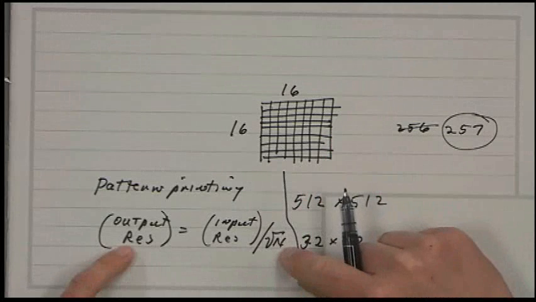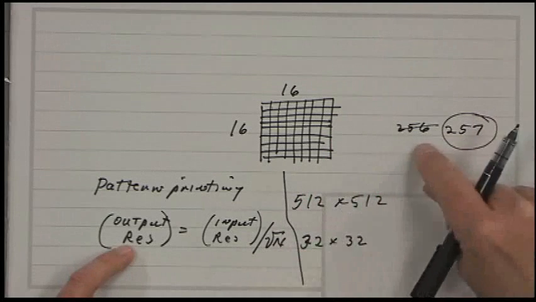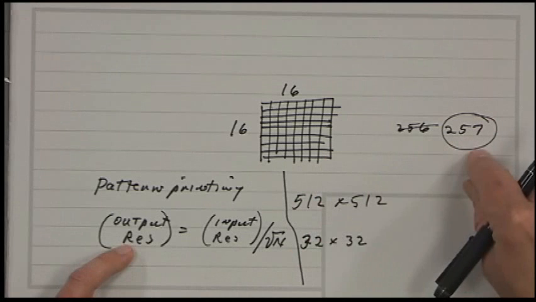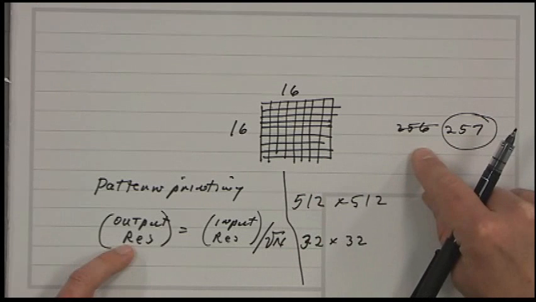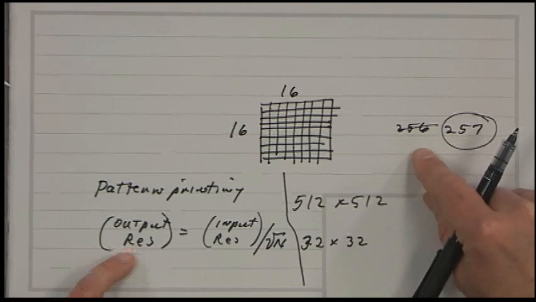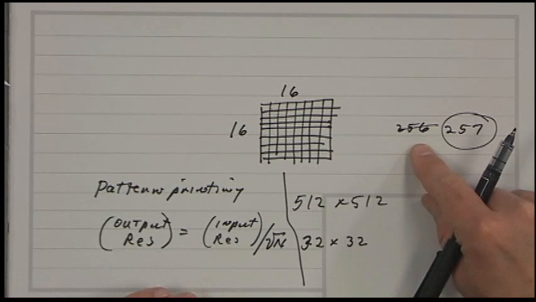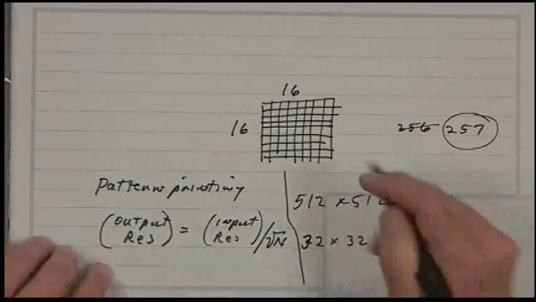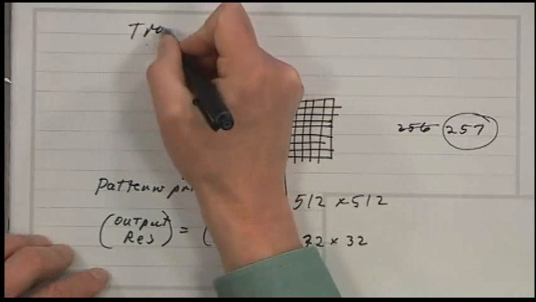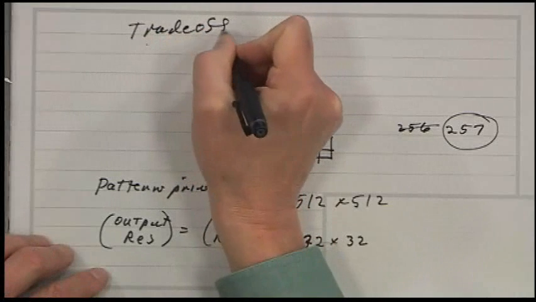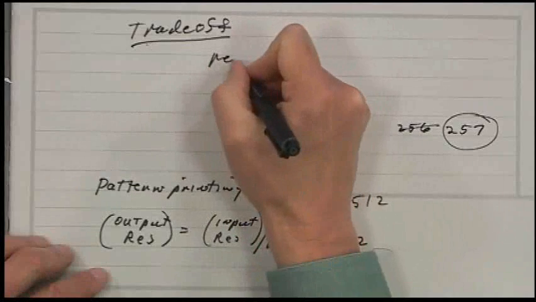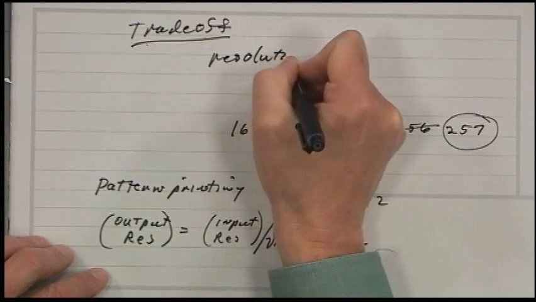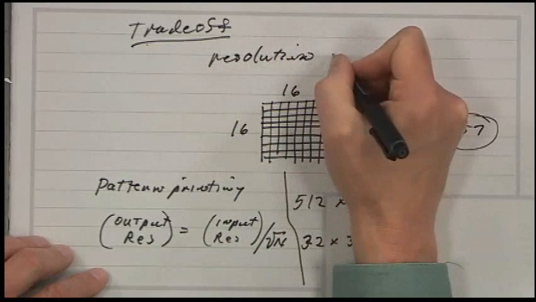So the trade-off that people make is they say, well, maybe I don't need 256 or 257 levels. So they might go down to 128 or 32, but then you're giving up a lot of gray levels. So this means there's a trade-off between resolution and gray levels.